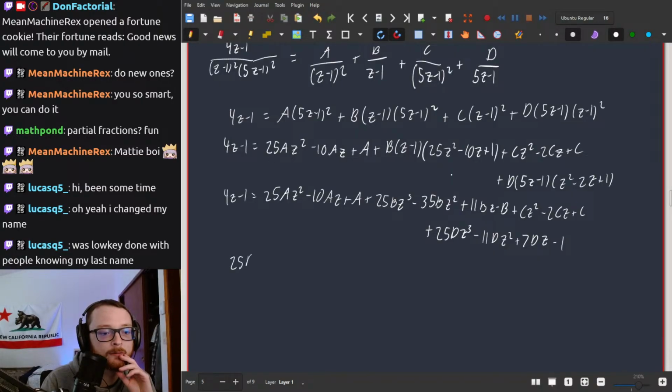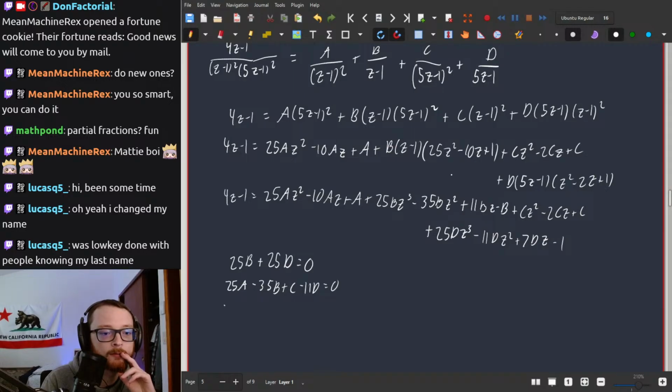We have a 25b, we have a 25d equals 0. From the squareds, we have a 25a minus 35b plus c minus 11d.